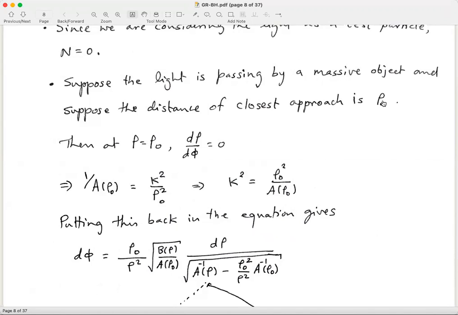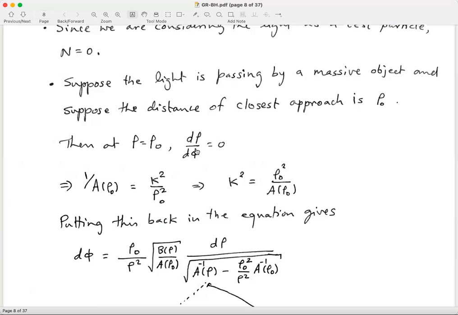So the values of rho for the light, particle or wave, whatever you want to call it, are greater than or equal to rho naught, but not smaller than that.